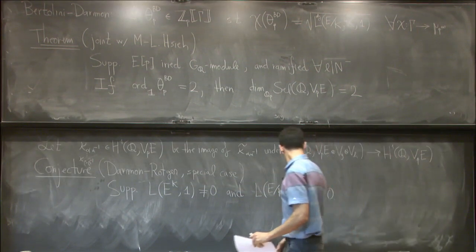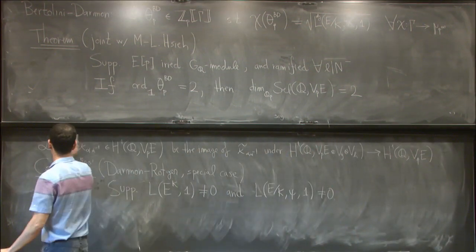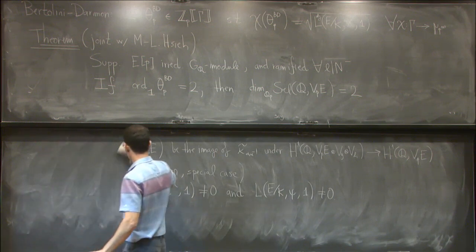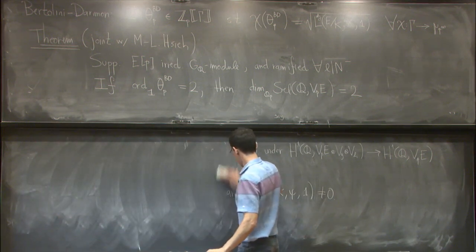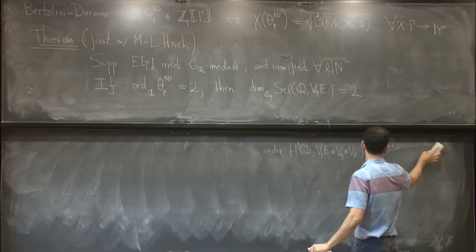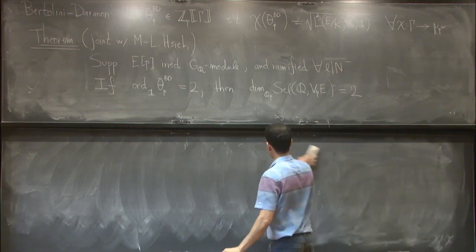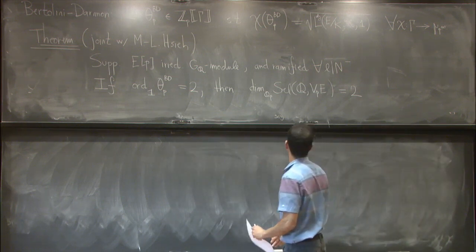And we have the expression for these generalized Kato classes in terms of P and Q as conjectured by Darmon and Roger.